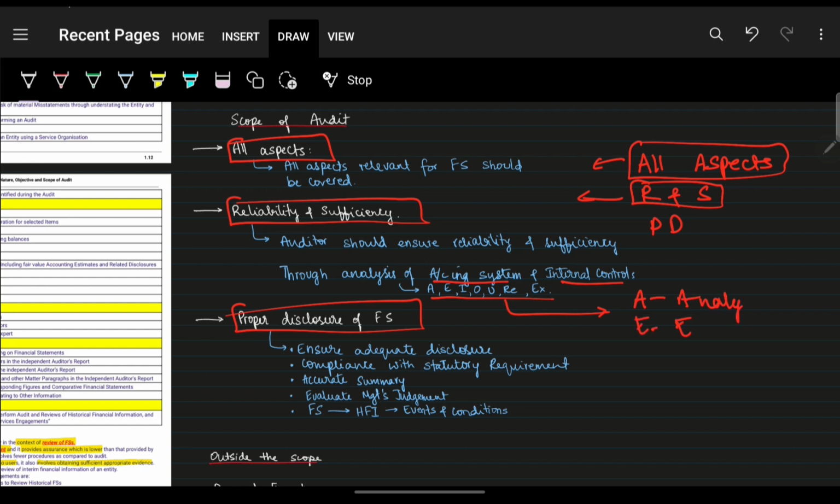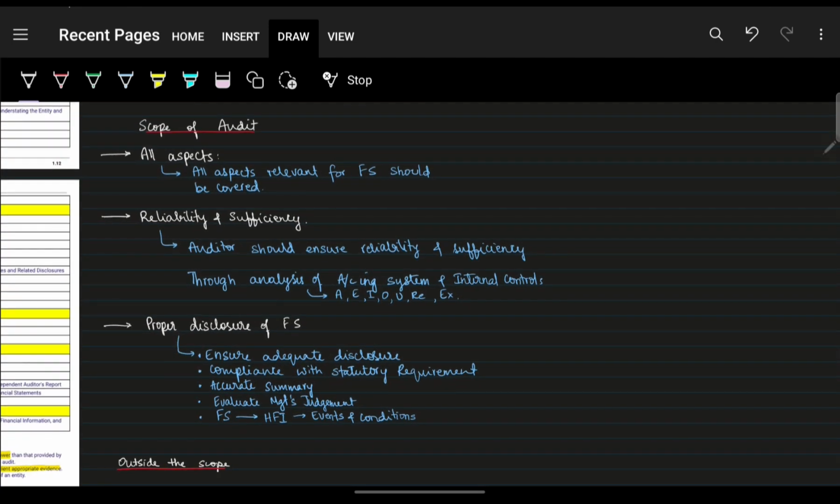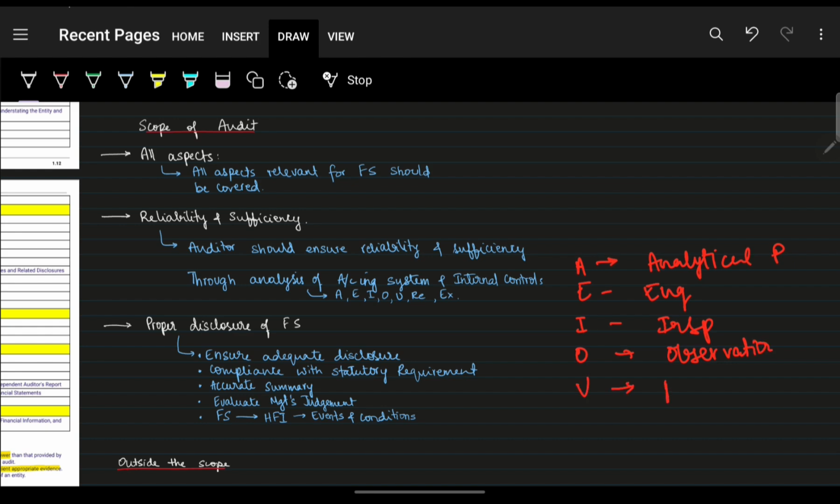E is for enquiry, I is for inspection, O is for observation, and U is for recalculation.